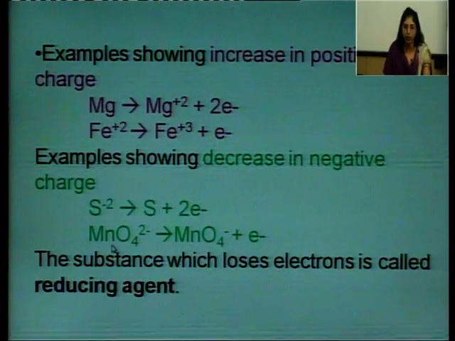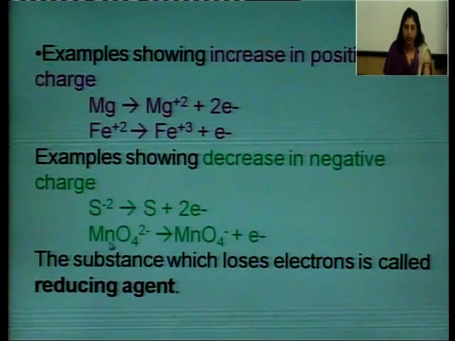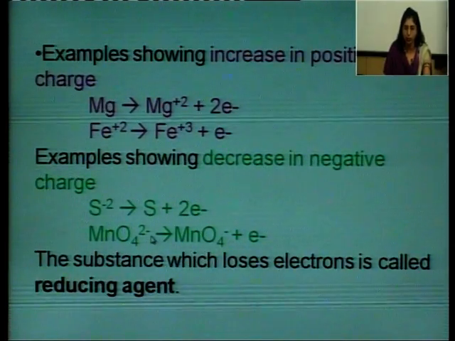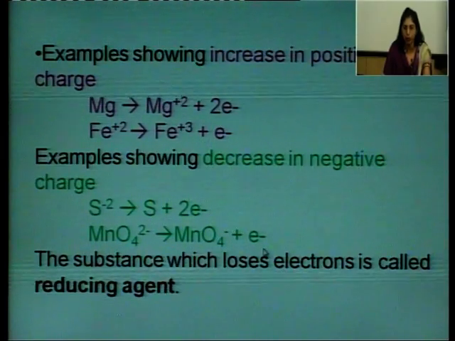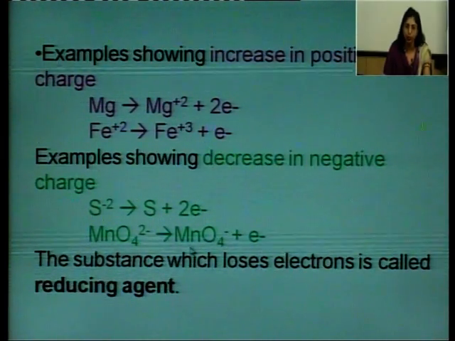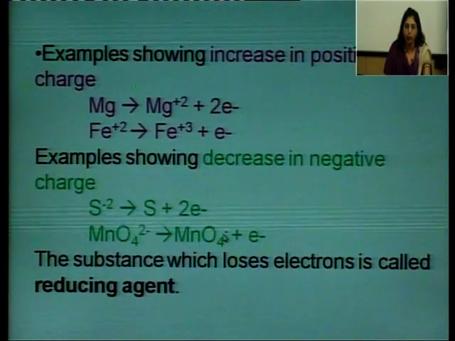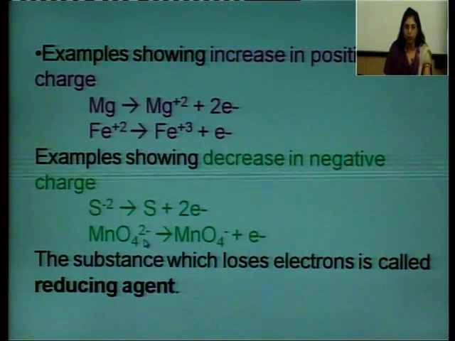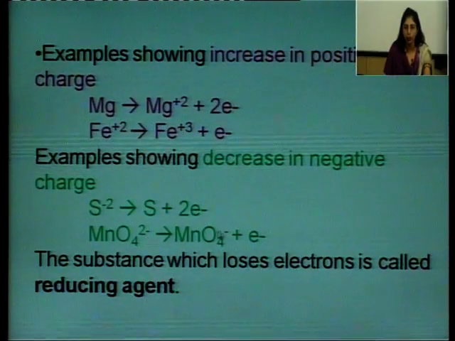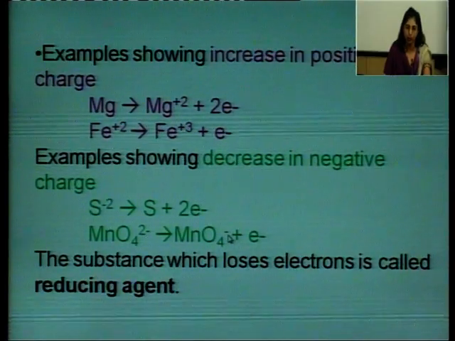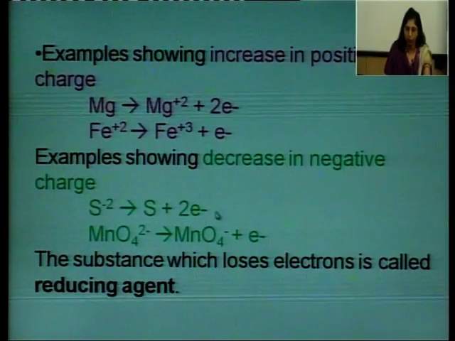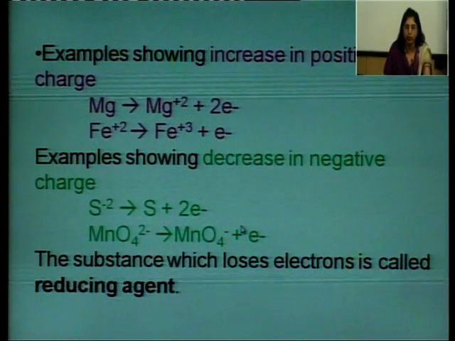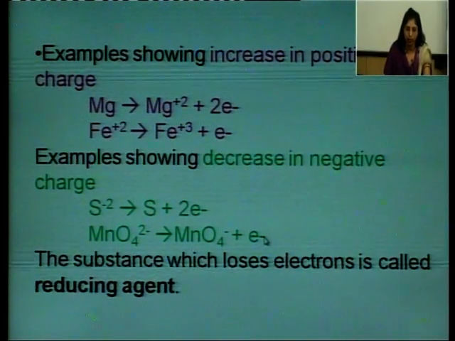In the next example, manganate ion with 2 negative charge, after the loss of 1 electron, changes to MnO4 with 1 negative charge. That means, negative charge decreases from -2 to -1. So, these reactions show decrease in negative charge.